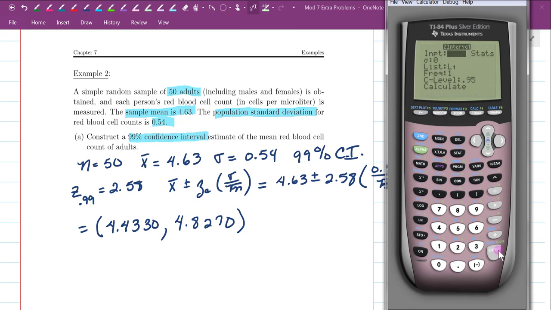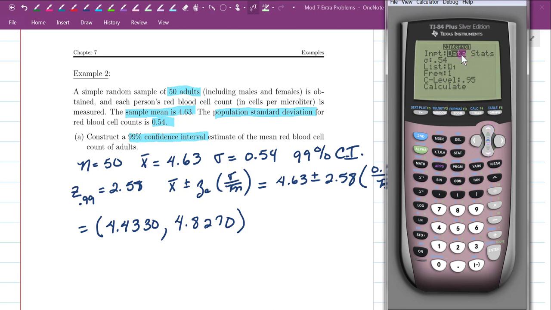We're going to hit Enter. On this one we don't have raw data. We have statistics. So we're going to highlight statistics. Then it asks, what is my population standard deviation? It is the 0.54, so I'm going to change this 0 right here to 0.54.